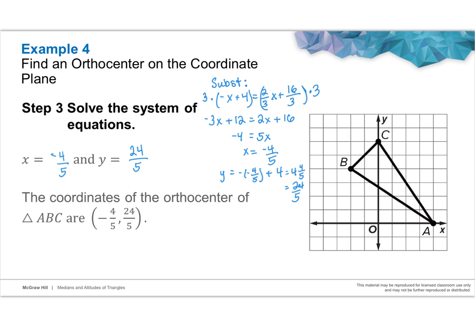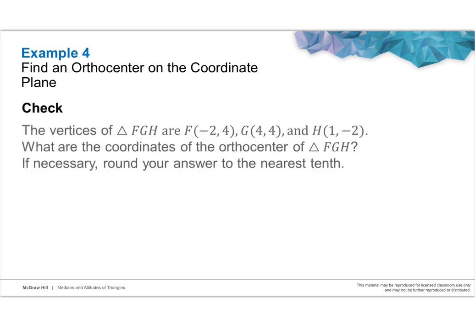So we'll plot that point for our orthocenter. And notice the orthocenter is falling in the same place I would expect. This is an acute triangle, and so the orthocenter should be inside of the triangle, which it is.